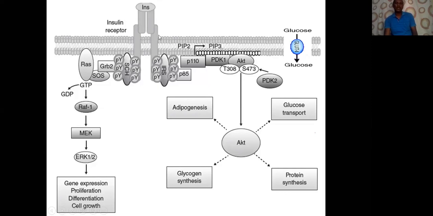Insulin binds to the insulin receptor. When you take food, the food has carbohydrate, and these glucose molecules trigger the release of insulin. Then insulin binds to insulin receptors.